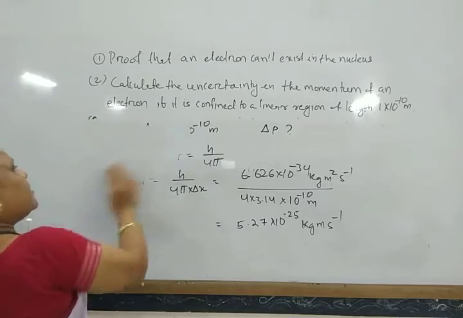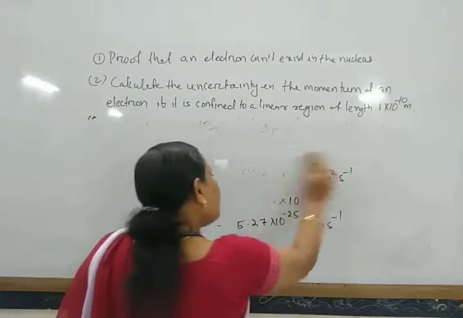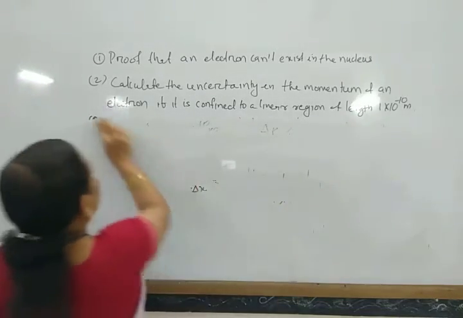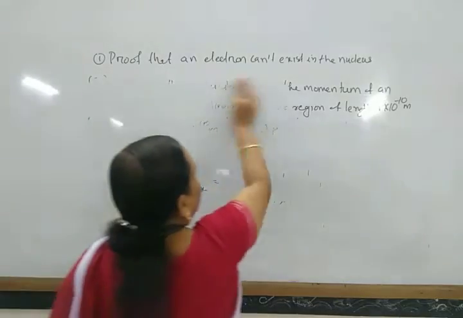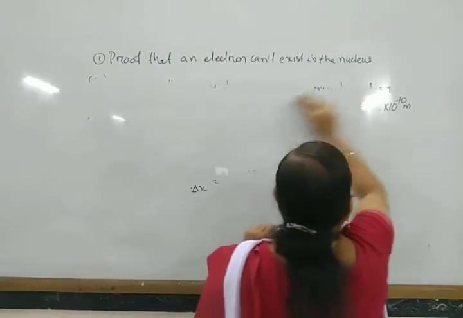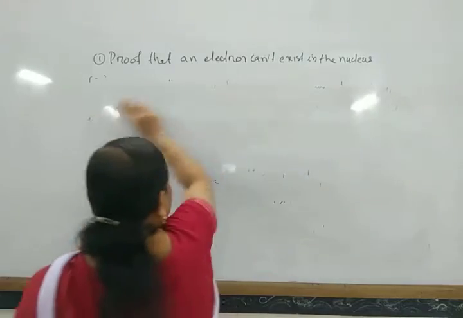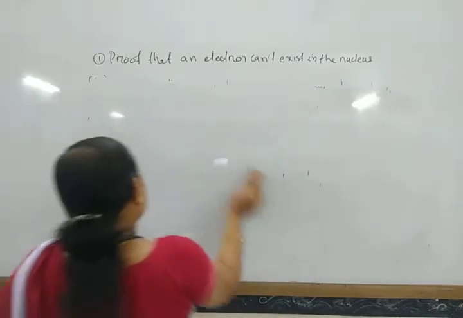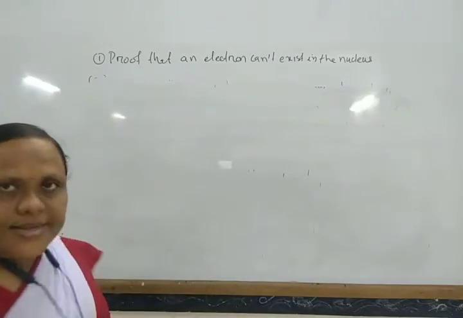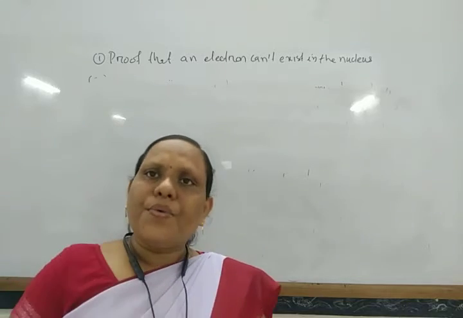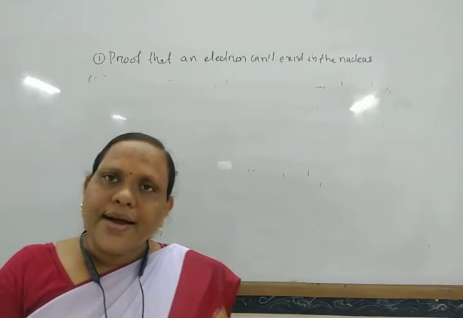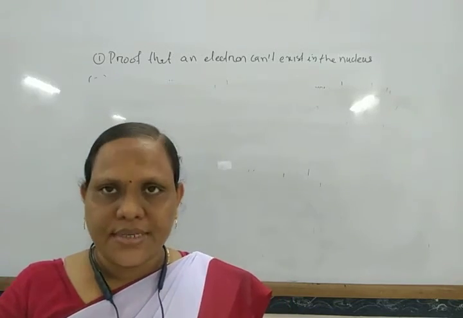Next, another question. Prove that an electron cannot exist in the nucleus. Among all particles or matter, we know that light has the highest velocity.